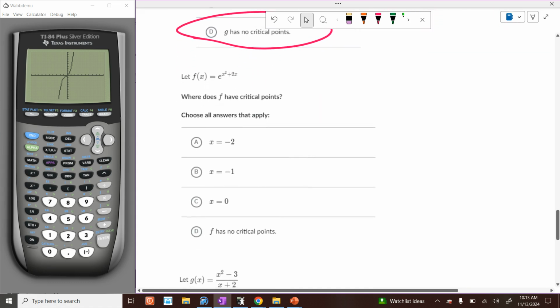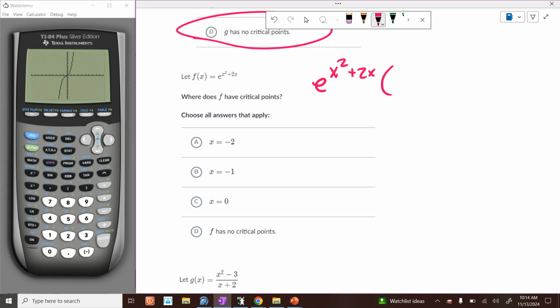Like this one. Does this have any critical points? Well, what's the first derivative of this? E to the x squared plus 2x times 2x plus 2. So this doesn't equal 0, okay?